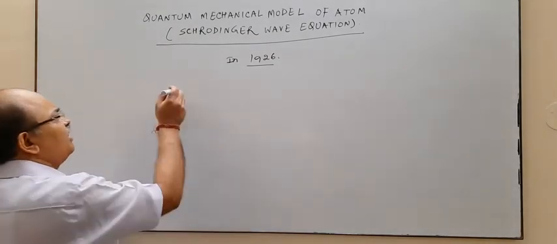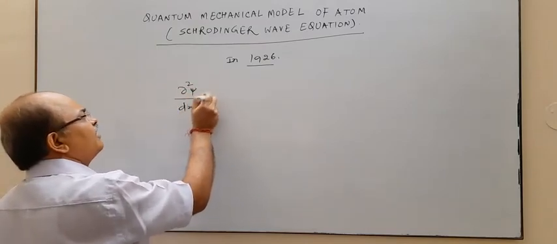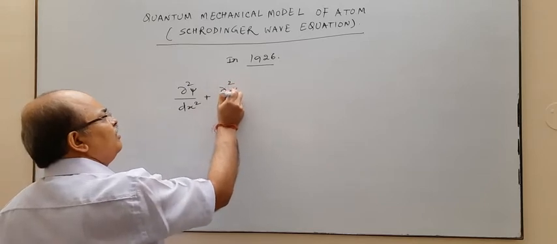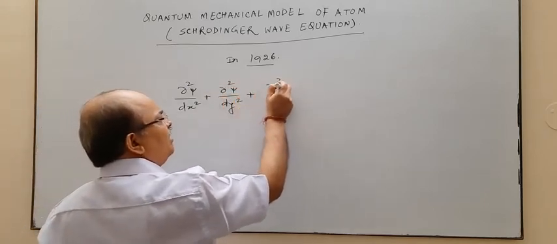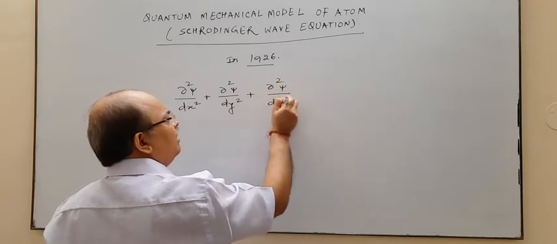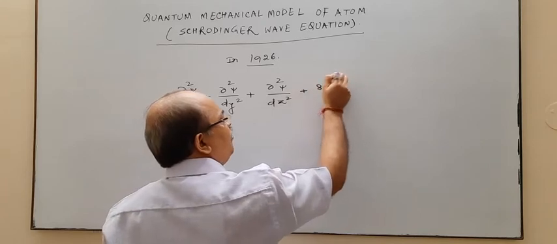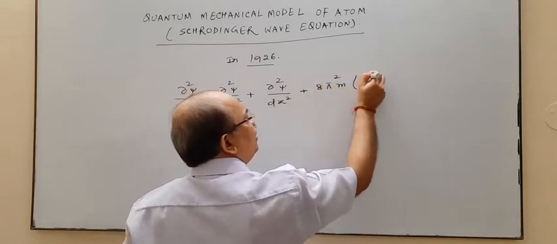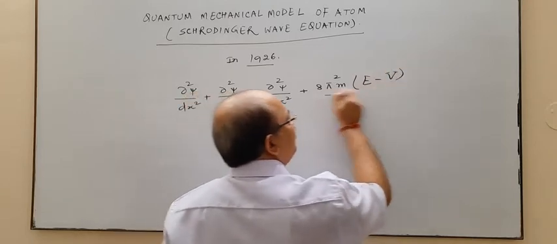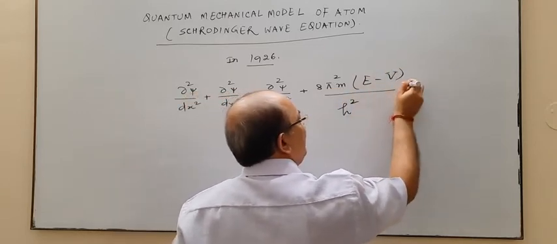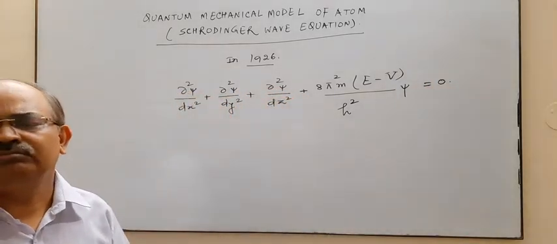This equation is d2 psi by dx square plus d2 psi by dy square plus d2 psi by dz square plus 8 pi square m (E minus V) by h square psi is equal to 0.